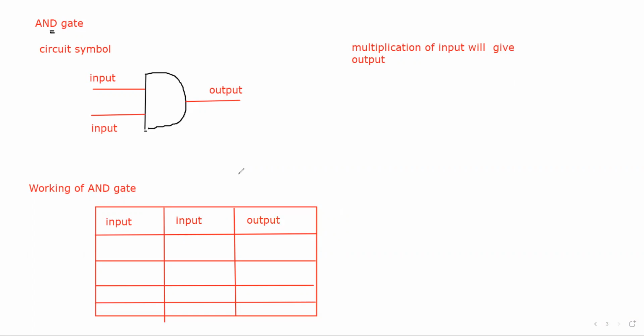How do we get a result for AND gate? By multiplication of the inputs, we will get the output. So for example, if both inputs are 0, 0 and 0, 0 multiplied by 0, what will be the output? 0 multiplied by 0 will be 0. So the output will be 0. It means if both inputs are low, the output will be low.